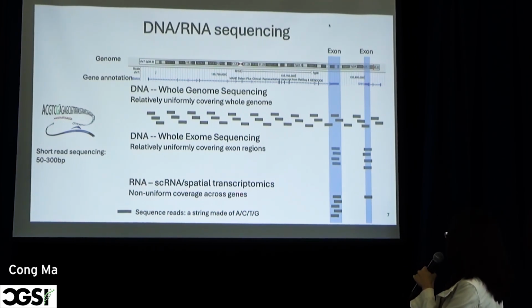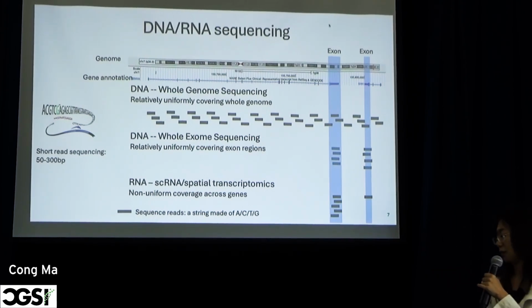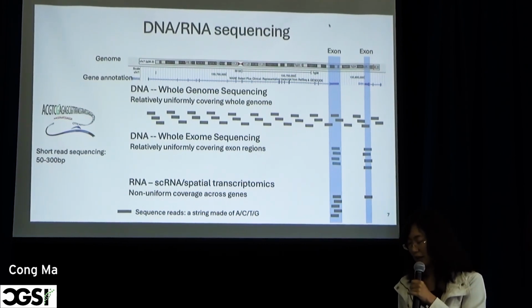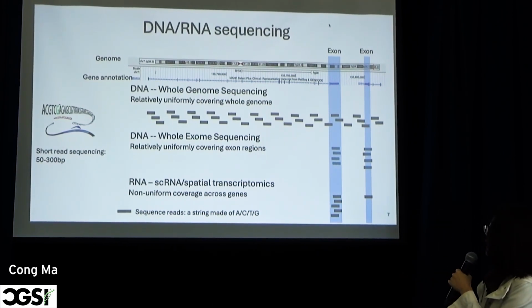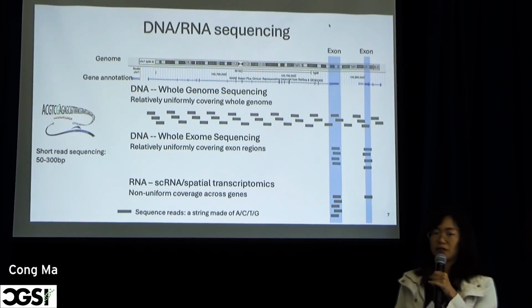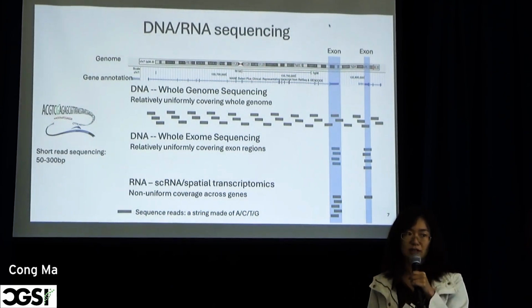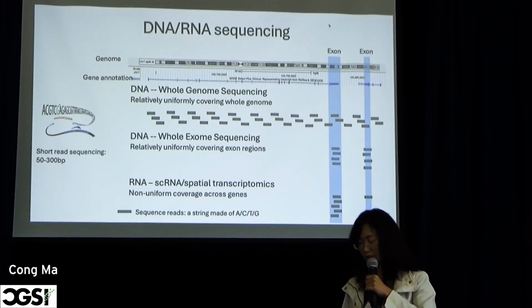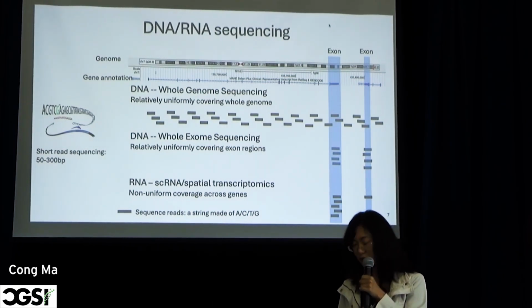But RNA sequencing of course only covers the gene region, or most likely exon region, and it will have a very drastic coverage difference across different genes, because gene expression is very different across different genes in different cell types.